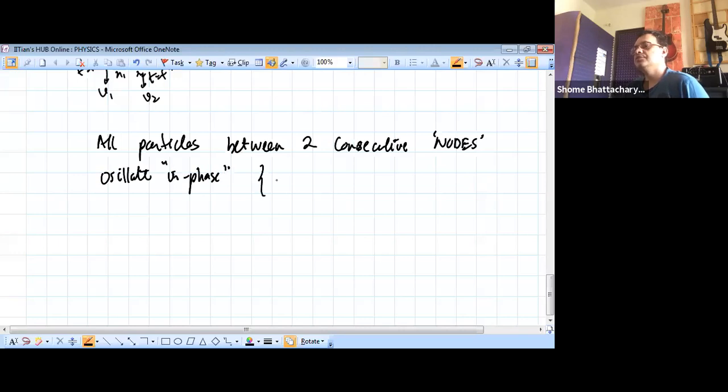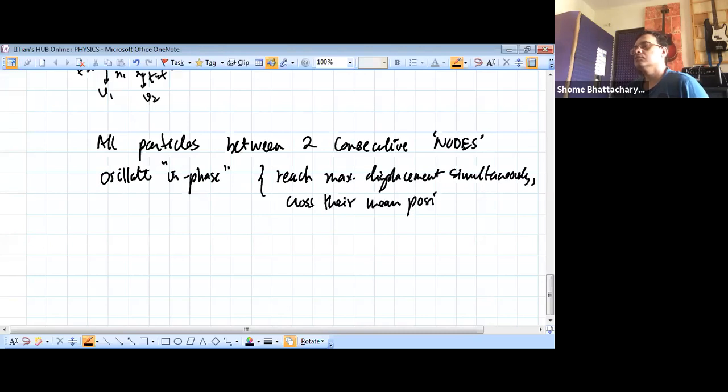That is, they reach maximum displacement simultaneously, cross their mean positions simultaneously, and so on and so on.